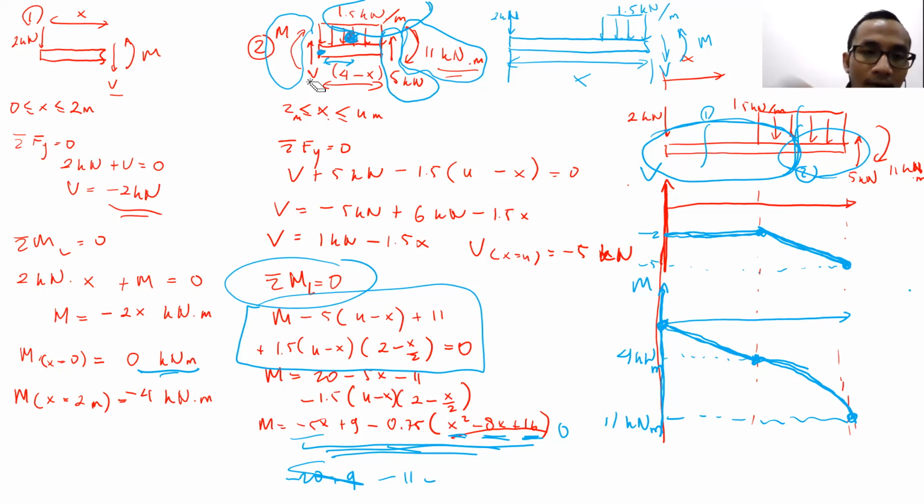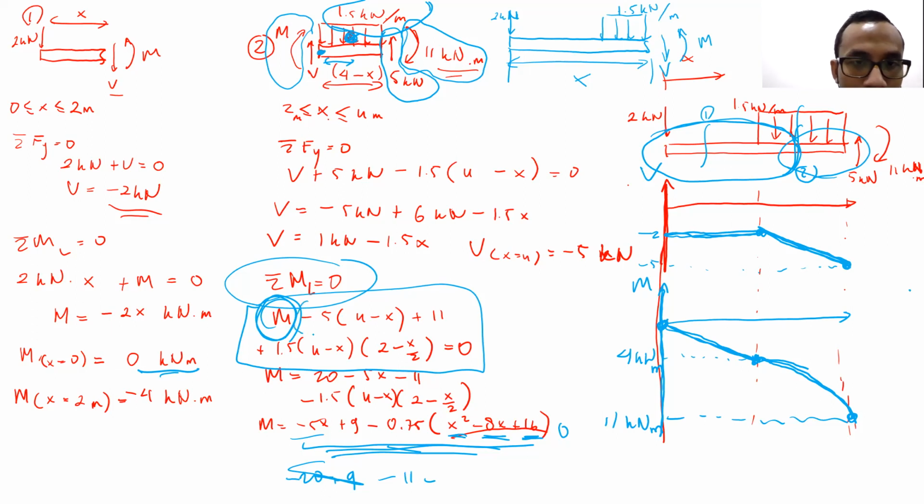So M, I assume from the beginning that the moment clockwise is positive. So M is there. Then I want to calculate the moment due to the 5 kilonewton. So 5 multiplied by the moment arm. The moment arm there is supposed to be 4 minus x, and the direction is counterclockwise.